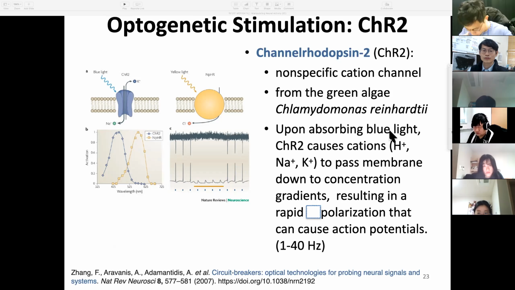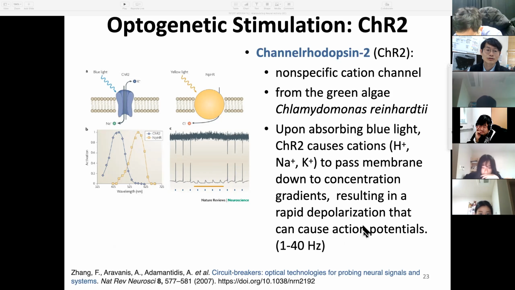Upon absorbing blue light, channelrhodopsin 2 causes cations to pass through the membrane. I said this is non-specific, so it goes down the concentration gradient, by diffusion. You see these sodium ions getting in, and it rapidly depolarizes, which can cause an action potential.